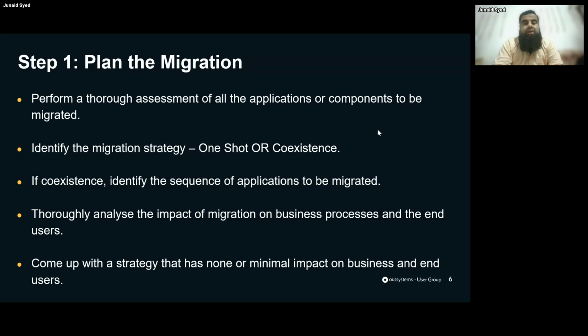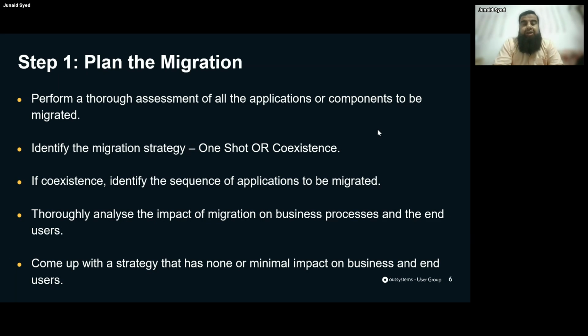Yeah, and obviously then you need to do it in phases. Now, obviously, if the coexistence approach is taken, then we need to identify the sequence of applications to be migrated. Now, this is another crucial aspect, like which application you would pick up first for migration, right?